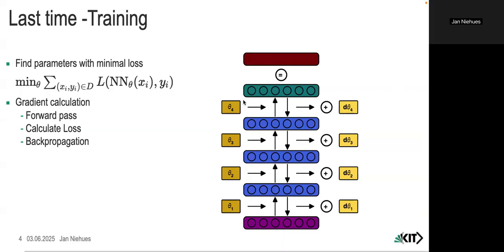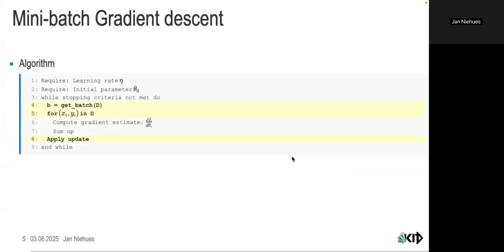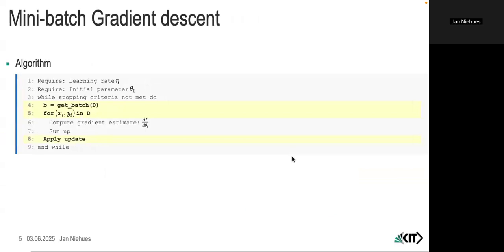We are looking at the gradient, storing our derivation, and using that then for gradient descent. So what we have to do for the gradient calculation is always this forward pass, calculating the loss, and then doing the backward propagation.